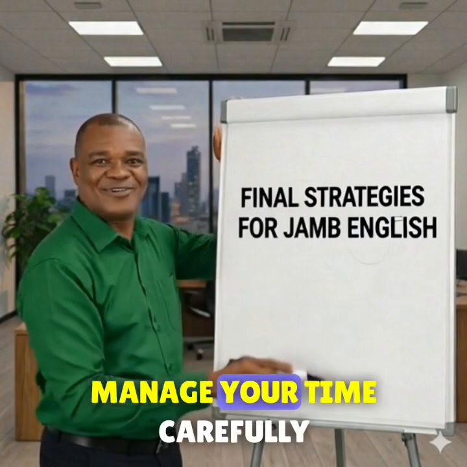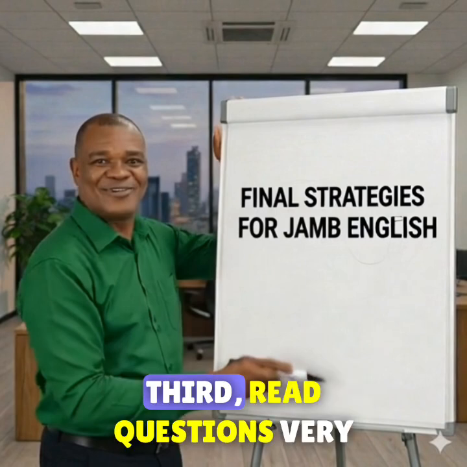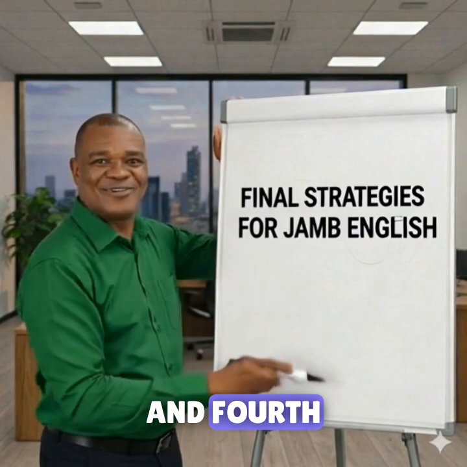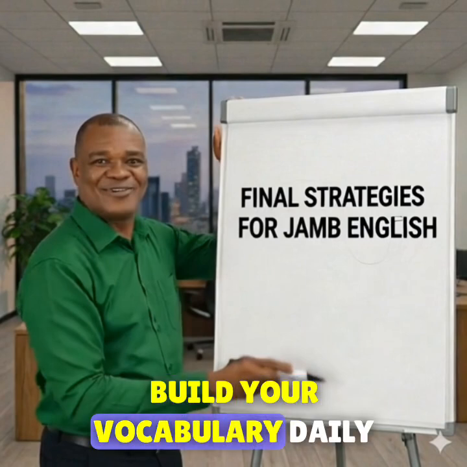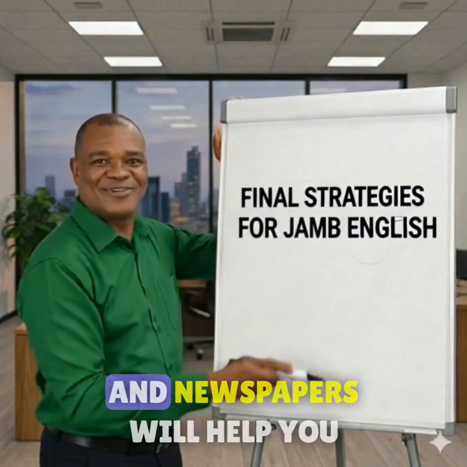Second, manage your time carefully. Do not spend too long on one question. Third, read questions very carefully before choosing an answer. And fourth, build your vocabulary daily. Reading books, articles, and newspapers will help you greatly.